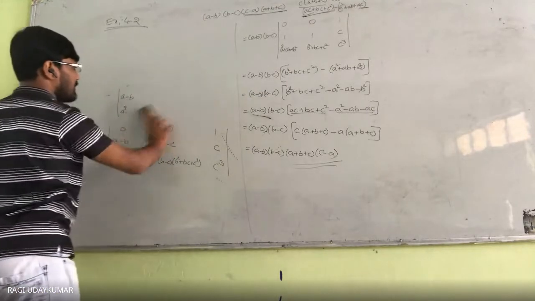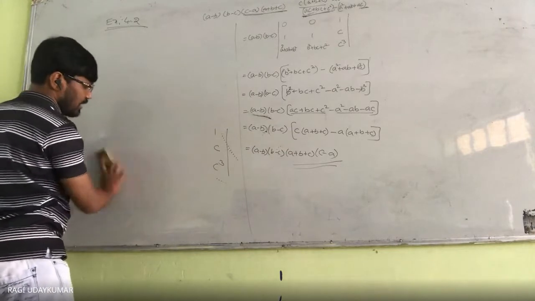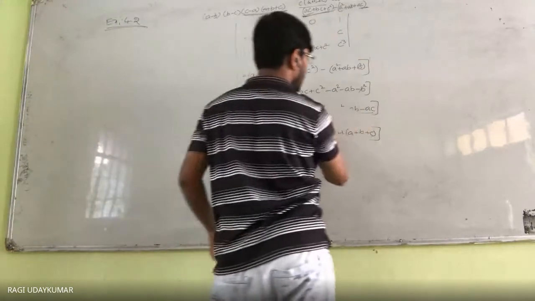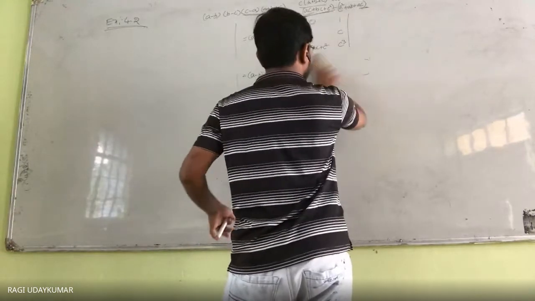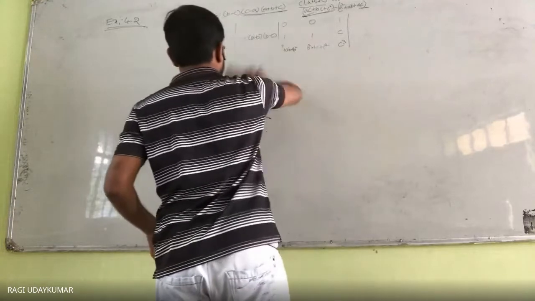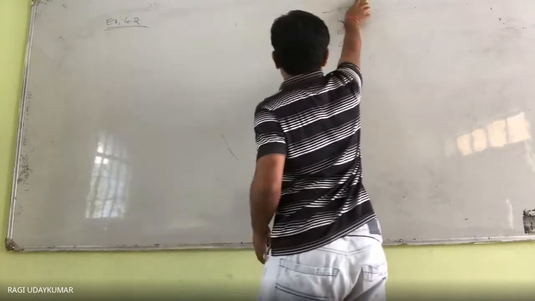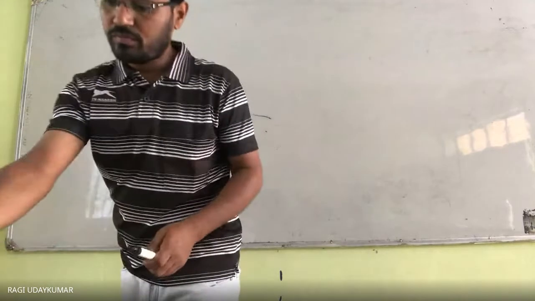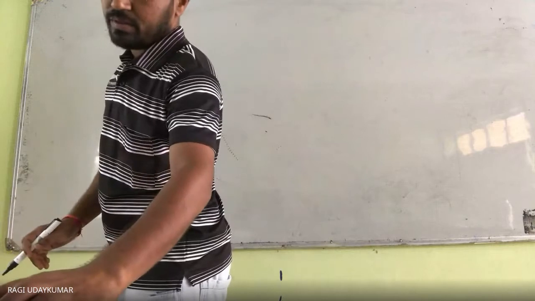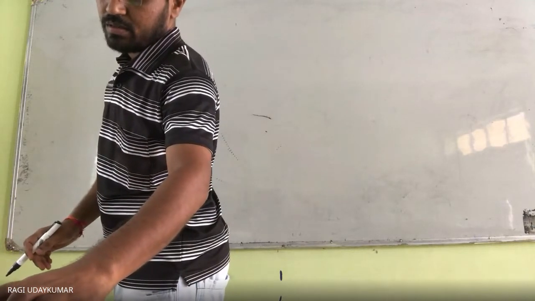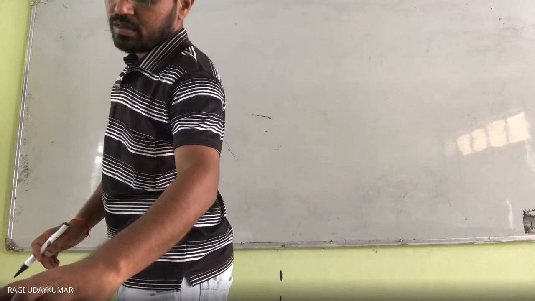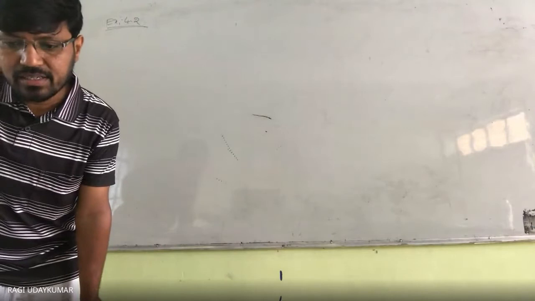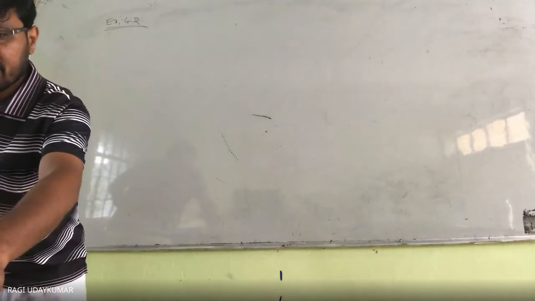So this is in the same pattern. The 10th question, whenever you see the 10th question, I'm going to explain to you. 10th and 11th. The question is given to you. X plus 4 is taken as a diagonal, and 2x, 2x in the remaining places.